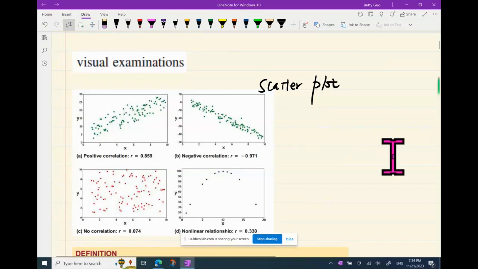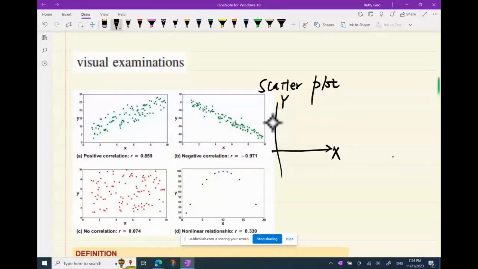A scatter plot is a two-dimensional graph, so it is able to describe the relationship between two variables. Normally, the values of variable x are on the horizontal scale, and the values of variable y are on the vertical scale.